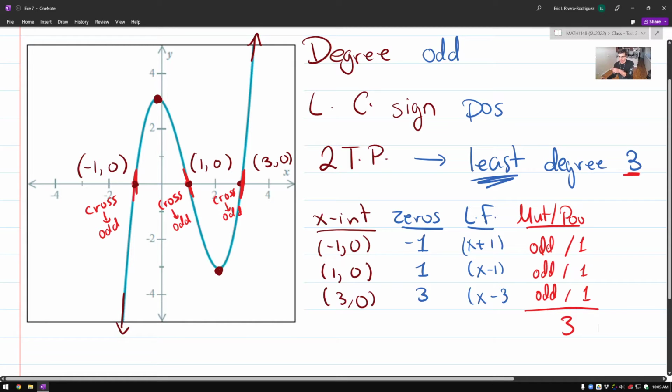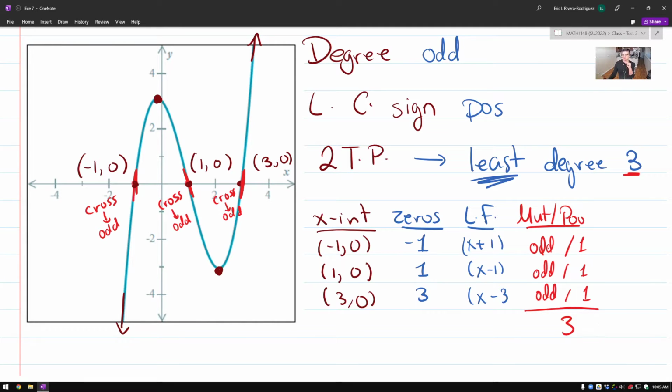Careful with this part, okay? Because if we select a degree of 3, we need to make sure that the powers we use for our factors sum to the degree that we have selected, but are also sound with the behavior of the graph at those x-intercepts.